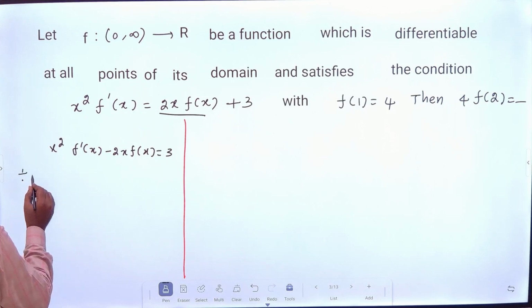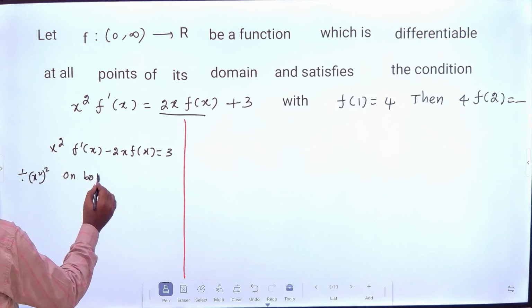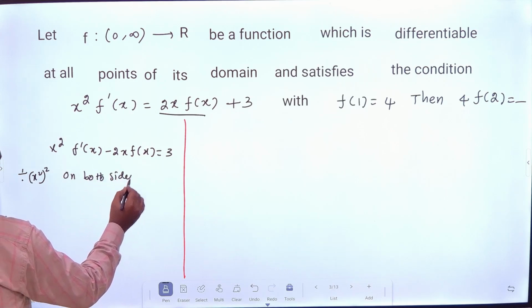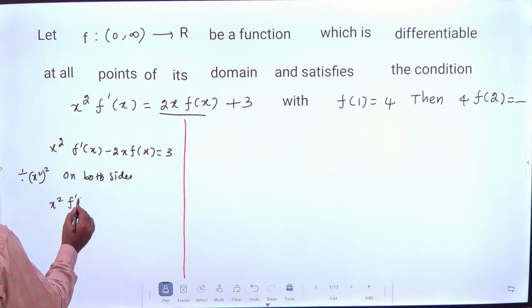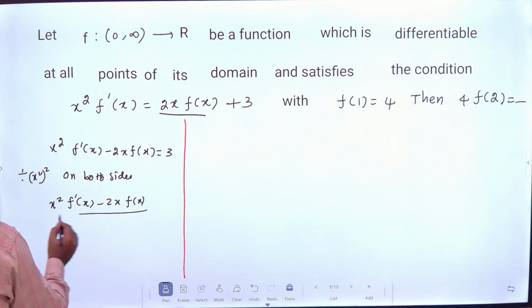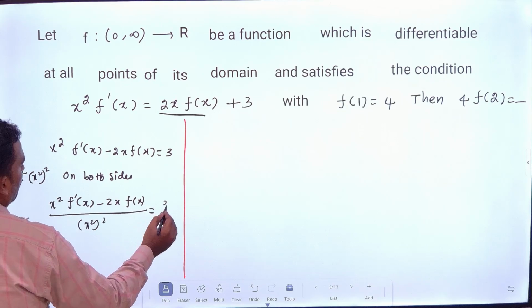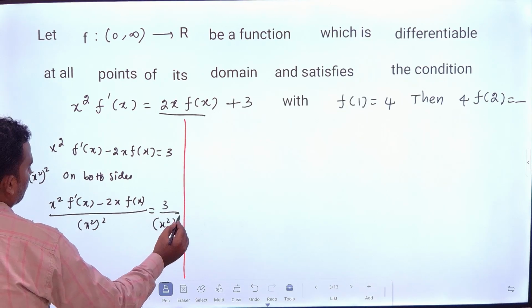I am dividing by x square whole square on both sides. What will we get? x square f dash of x minus 2 times x f of x, whole divided by x square whole square, equals 3 divided by x square whole square.